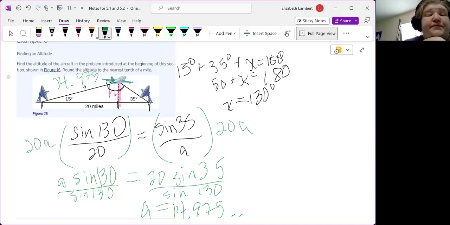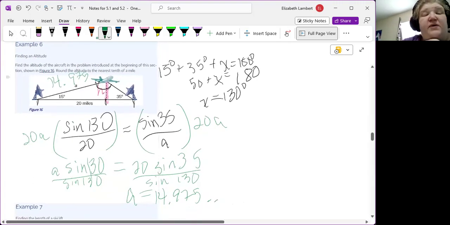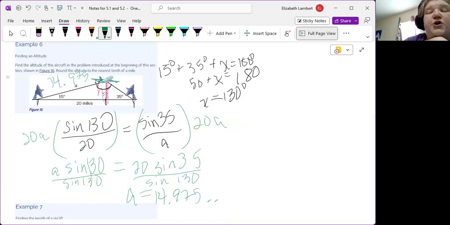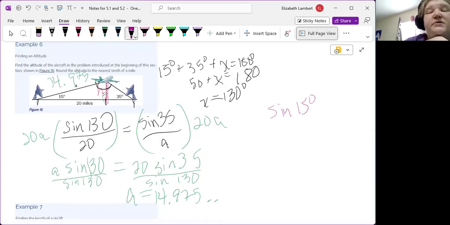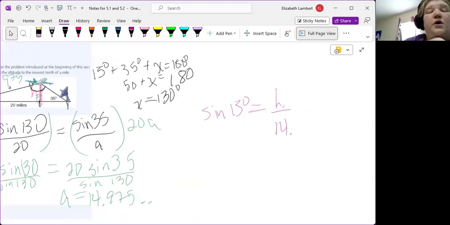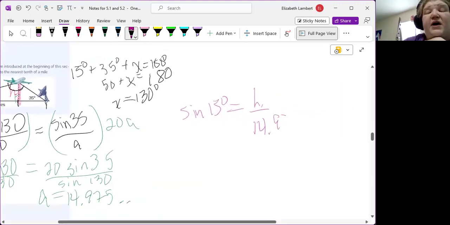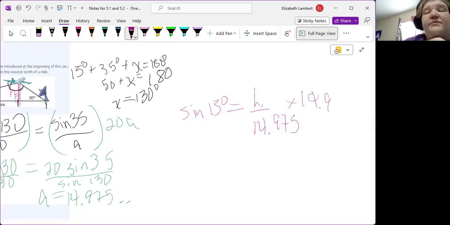All right. So now that we have A, we can figure out H. So that is a right triangle. So now the sine of 15 degrees is our unknown H over 14.975. So we multiply by that.